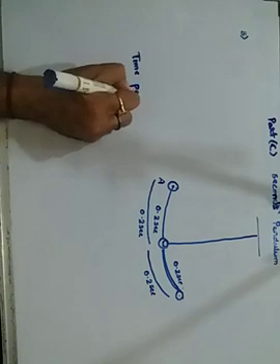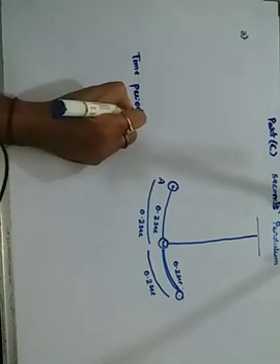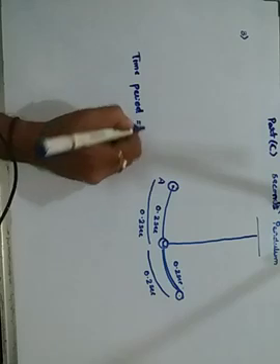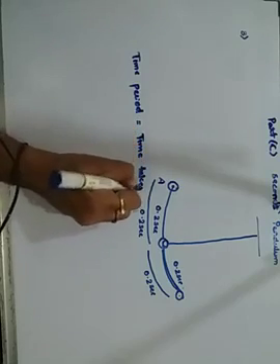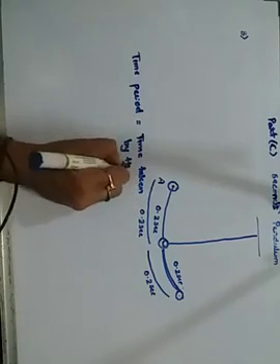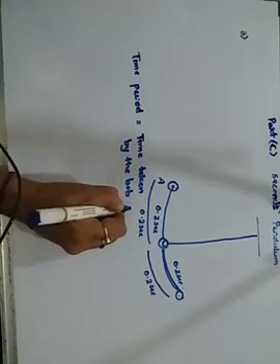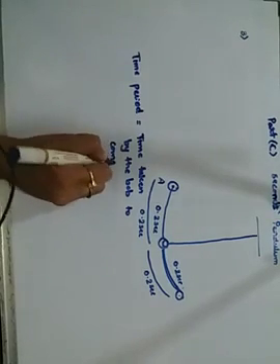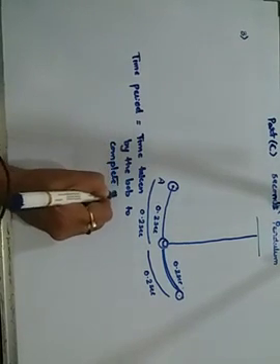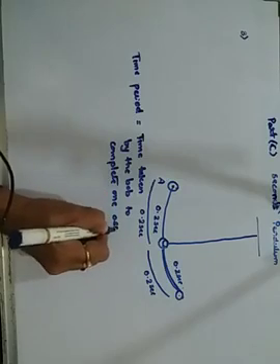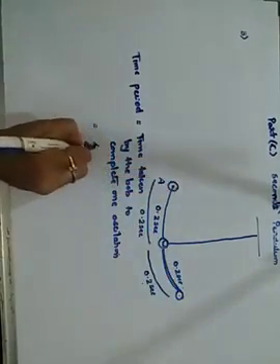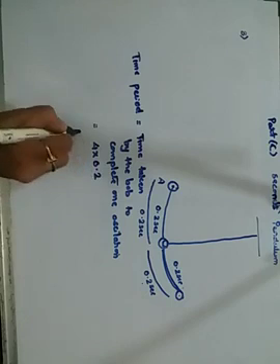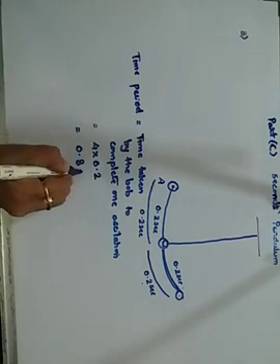The time period is equal to the time taken by the bob to complete one oscillation. Now how is one oscillation completed? By covering 0.2 how many times? 4 times, and therefore 4 multiplied by 0.2 becomes 0.8 seconds.